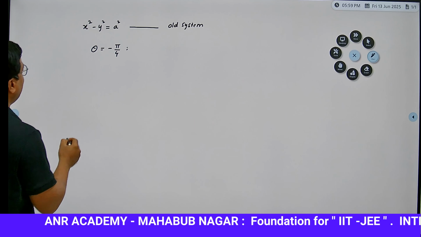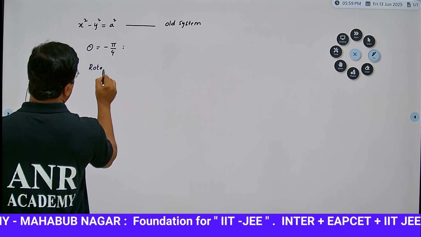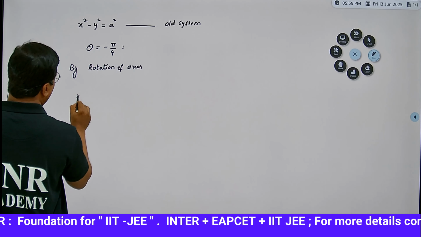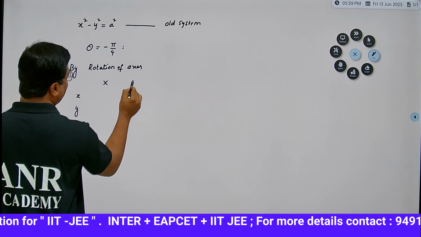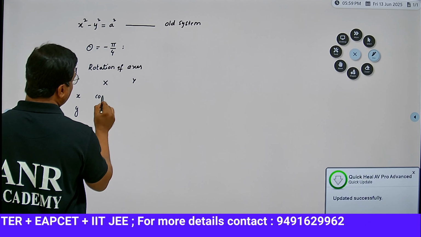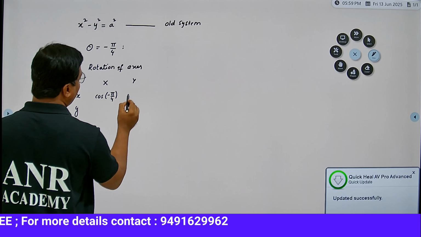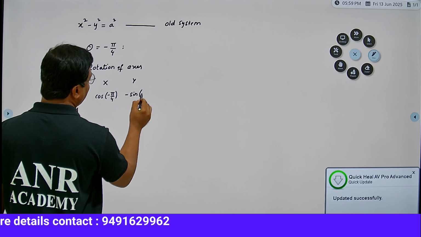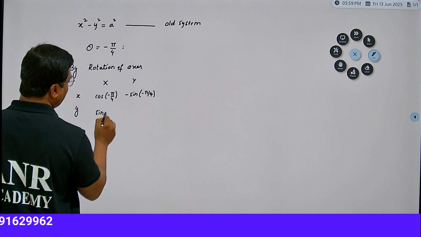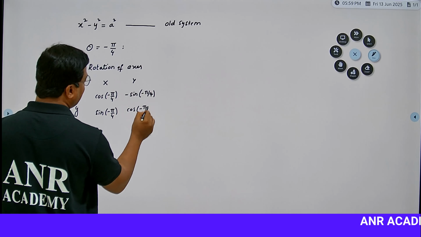Then by rotation of axis, I can write small x, small y, and here capital X, capital Y. Here this is cos theta, that is cos of minus pi by 4. Next here you have to write minus sin theta, that is minus sin of minus pi by 4. Next sin theta, nothing but sin of minus pi by 4, and here it is cos theta, that is cos of minus pi by 4.